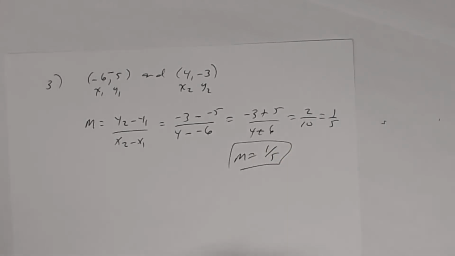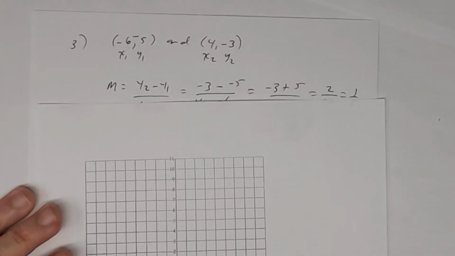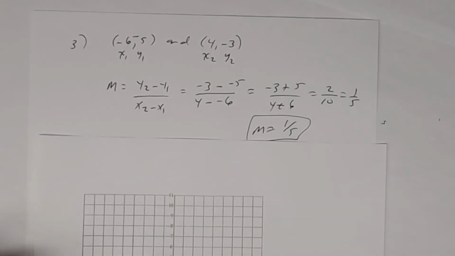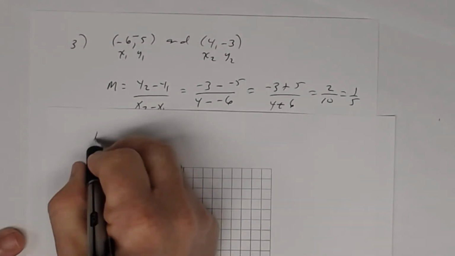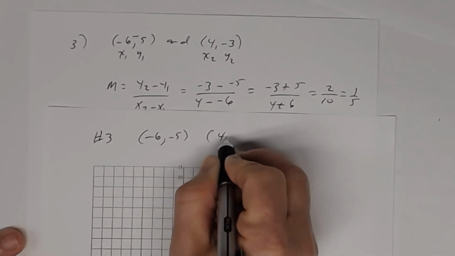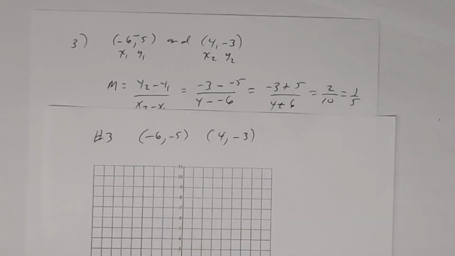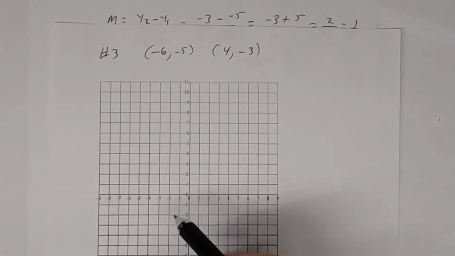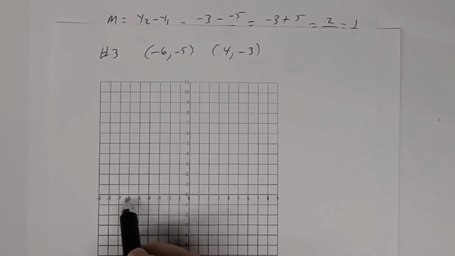That's your slope. If you were to look at this in terms of a graph, let's see what we get. So remember the slope is 1/5, right? In terms of a graph, this number 3, we have -6, -5, and the other point is 4, -3. So if I plot those points, -6, -5, go to the left 6 and down 5, right here.